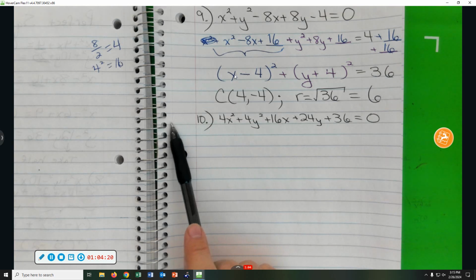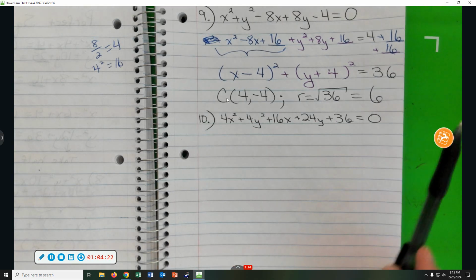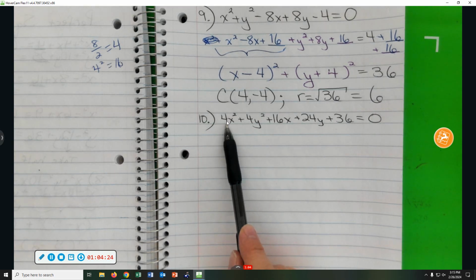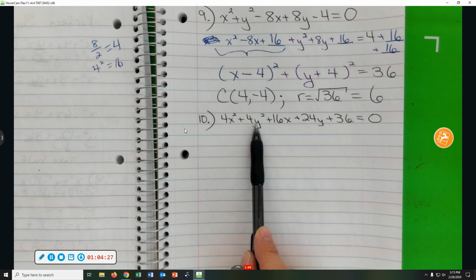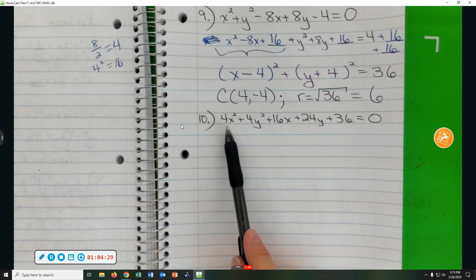Someone went through and multiplied that whole thing by 4 to get that 4 in front of x squared and y squared. Why they did that, I can't imagine. But center radius form requires coefficients of 1.